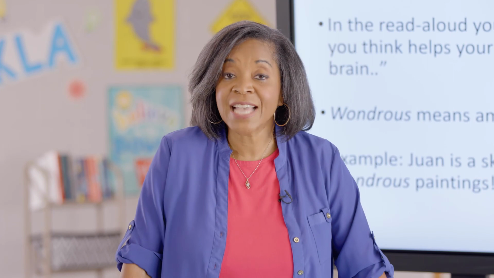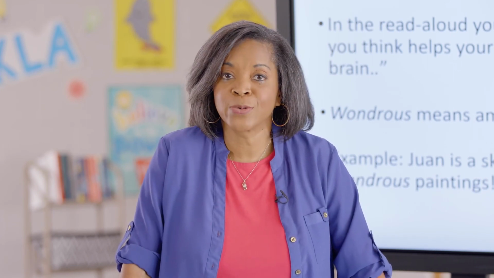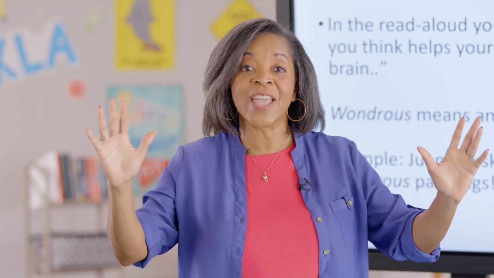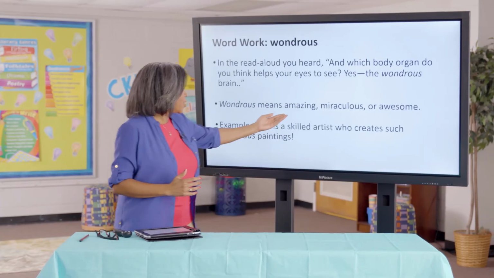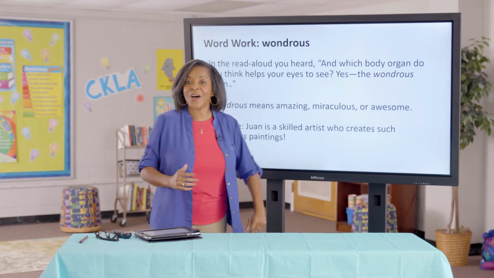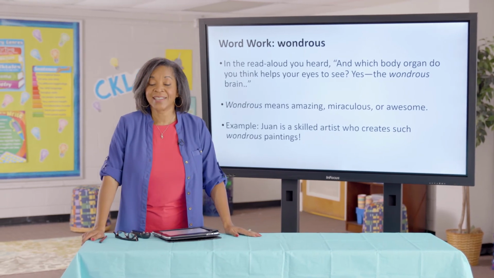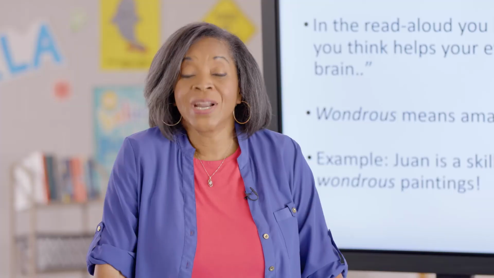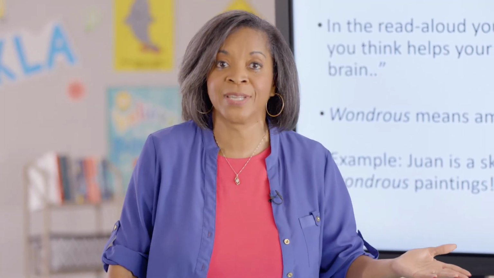I have a sentence. I remember when I went to the beach for the first time when I was a little girl, and I thought that all of that water and those waves were wondrous. It was amazing. It was awesome. How else could you use that? It may be something that you've seen. Like when I went to New York and I went up into the Empire State Building.